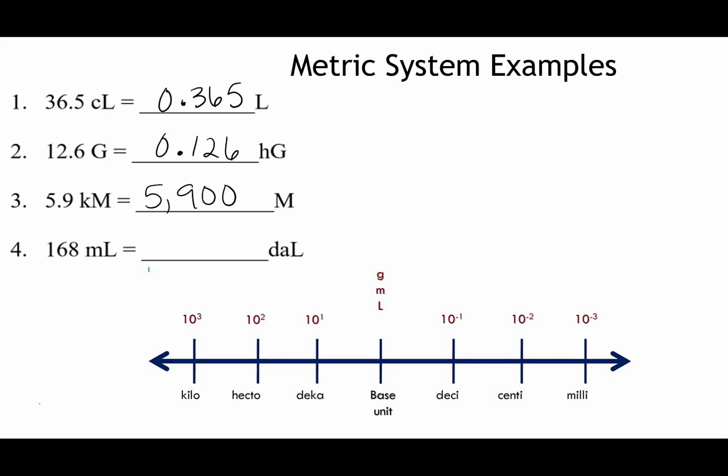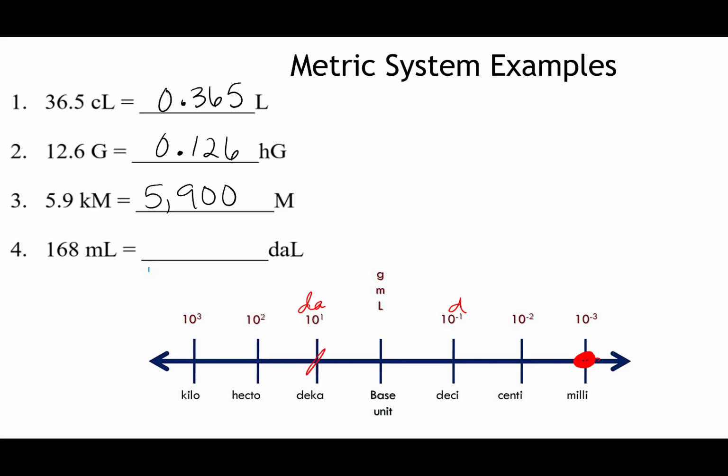Number 4 is 168 milliliters. So milli is way down here at the end. And then decaliters. I want you to notice that it's DA and not just D, like number 7 is a DL. When it's just a D, it's deci, and when it's a deca, it's DA. 4 says 168 milliliters equals how many decaliters?